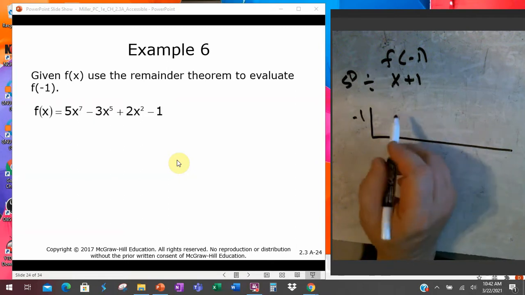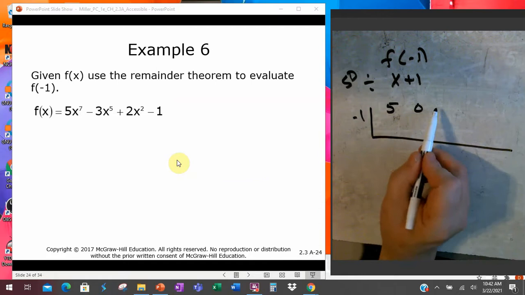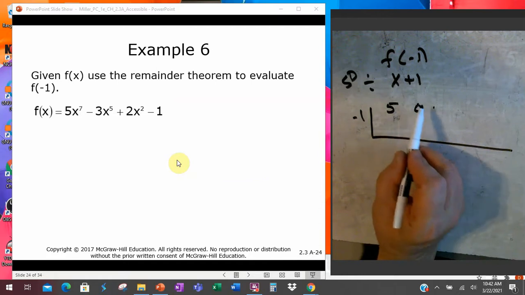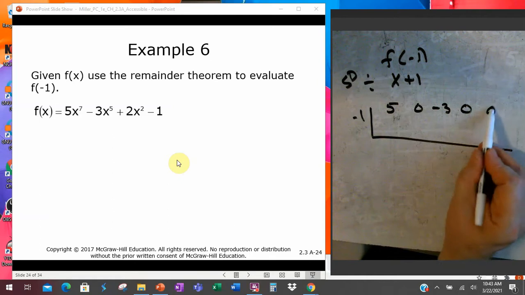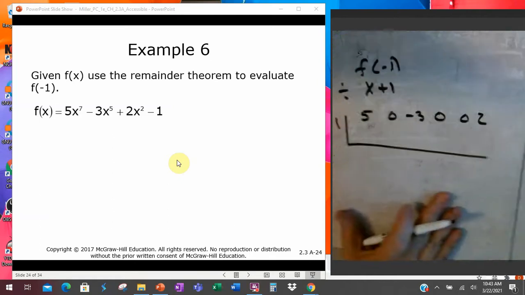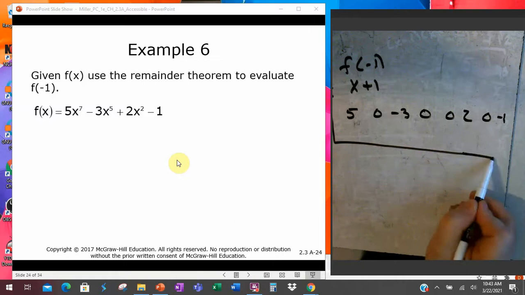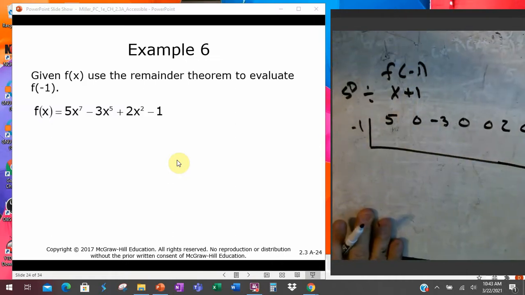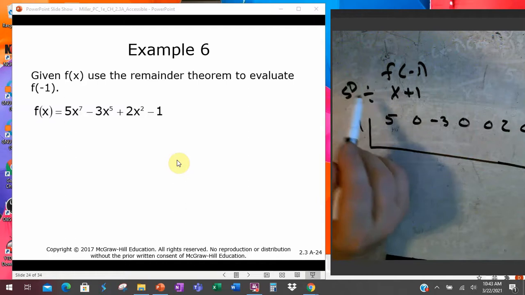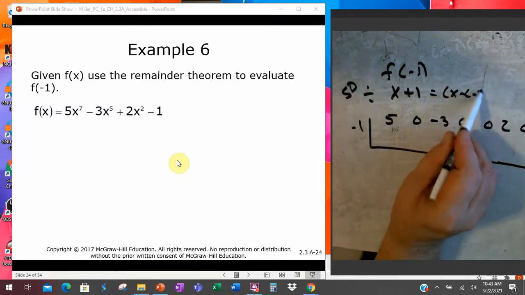Negative 1. 5, 0. This is 7th degree, 6th degree, minus 3, 4th degree, 3rd degree, 2nd degree, 0, and negative 1. Holy cow. So I've got this long thing, and I want to evaluate f of negative 1. Okay, so this is basically synthetic division by x minus negative 1.